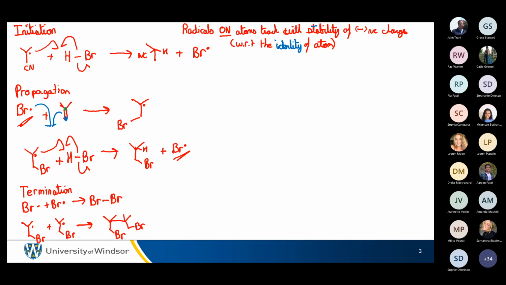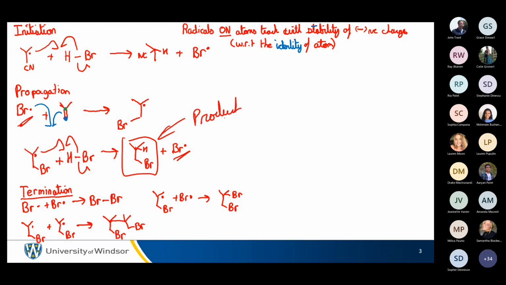And then this one is just going to give us a dibromide. So those are your termination steps. But your product is the thing made in the propagation, not the thing made in the termination.